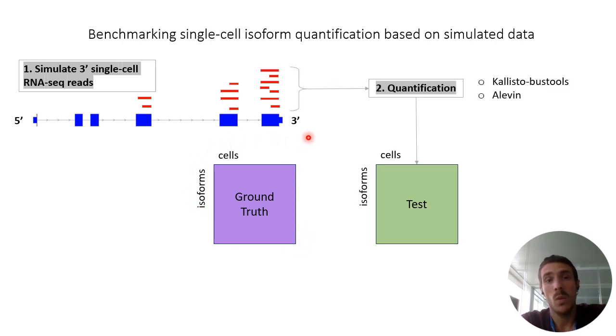And then we quantify the simulated reads with two popular single-cell gene expression quantification methods, which can be tweaked to quantify isoforms, and this is going to be our test set. Now we compare the ground truth to the test, and we compute a series of metrics to determine the power of methods to quantify isoforms.